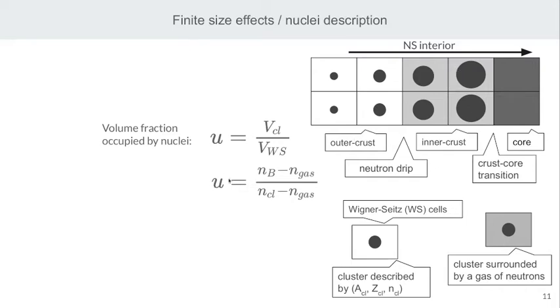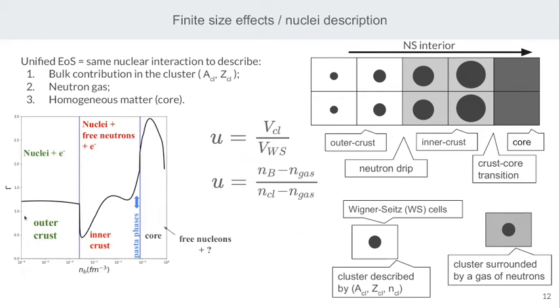And as we go more into the star, my expression of the volume fraction is changed by the presence of this gas. And as we go more and more into the star, we get to a point that the volume of the cluster will be the same size as the volume of the Wigner-Seitz cell. Therefore, the U goes up to 1, and the nucleus occupies the whole cell. That is what we call the crust-core transition. And after that, we have a uniform matter in the core of the neutron star.